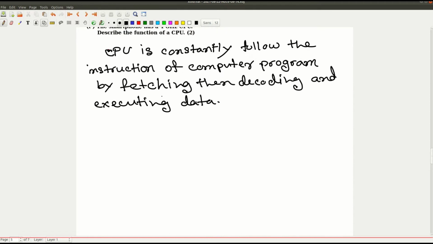So this is the answer of this question, but we have to understand actually how the CPU is working.